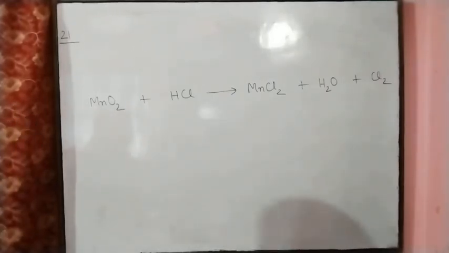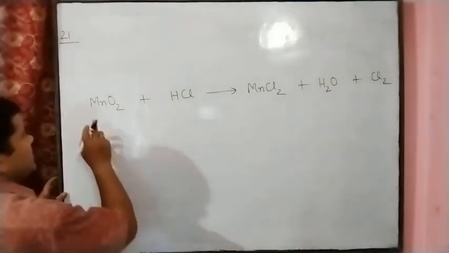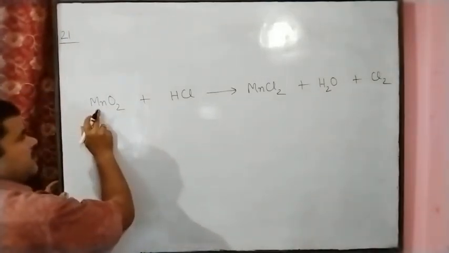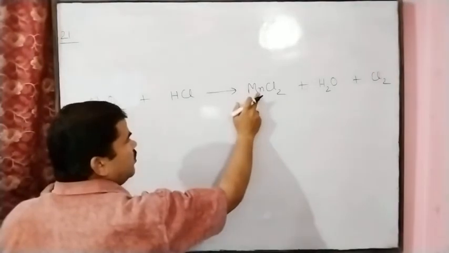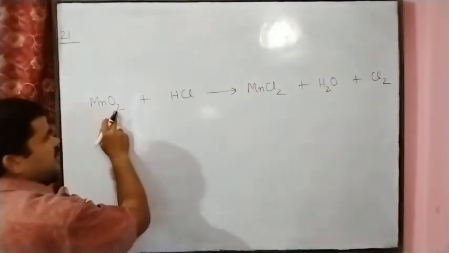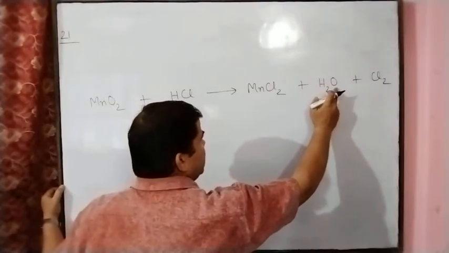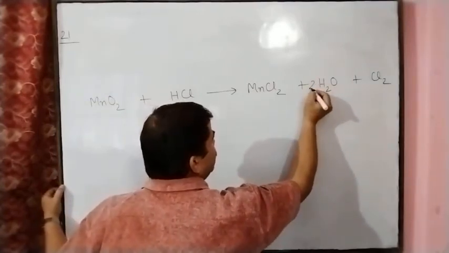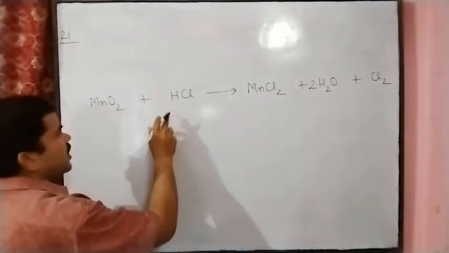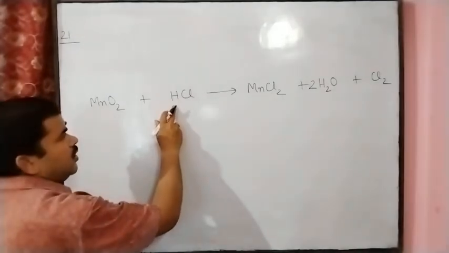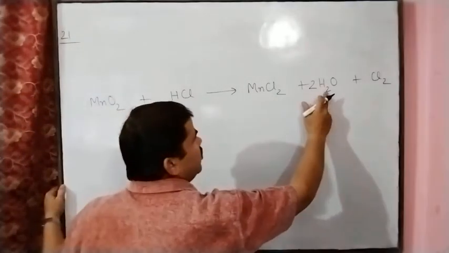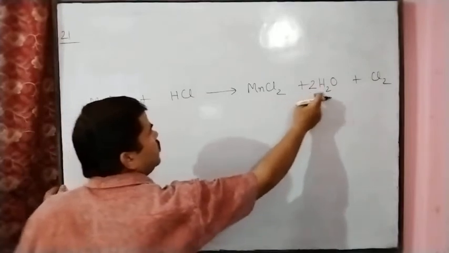So we will balance this equation. Here we can see manganese on the reactant side only one, product side also only one, balanced. Oxygen here 2 and on the product side oxygen only one. So we can write here 2, oxygen balanced. Then hydrogen 1 and hydrogen on the product side 4, so 2 to 4.